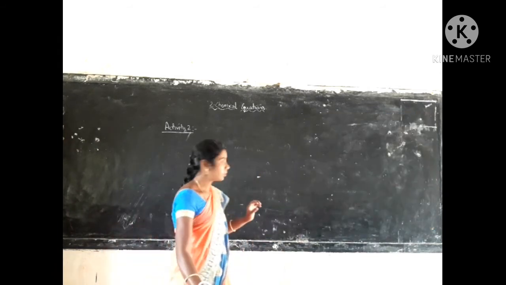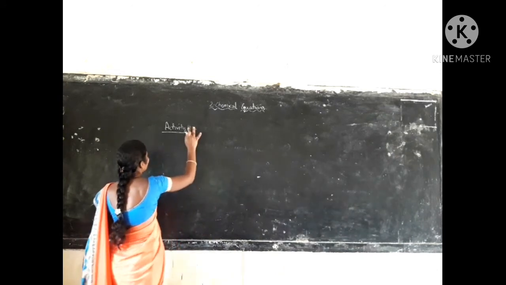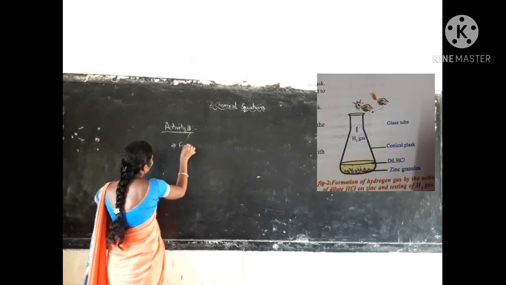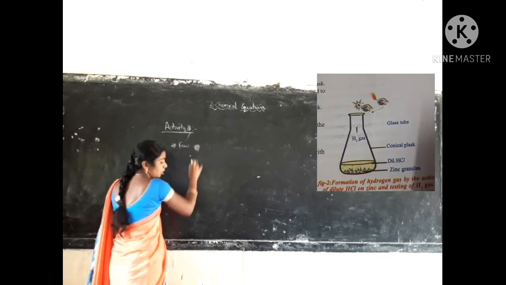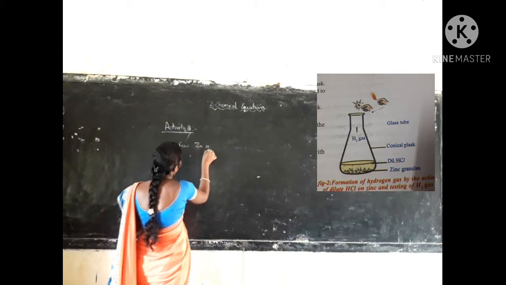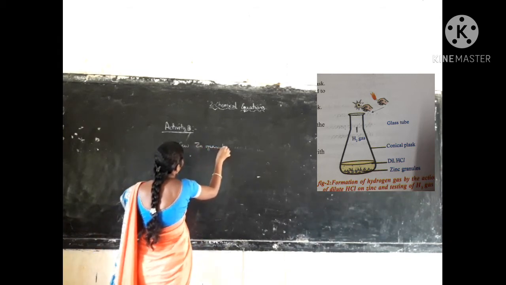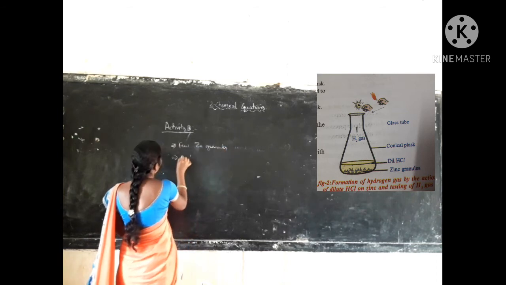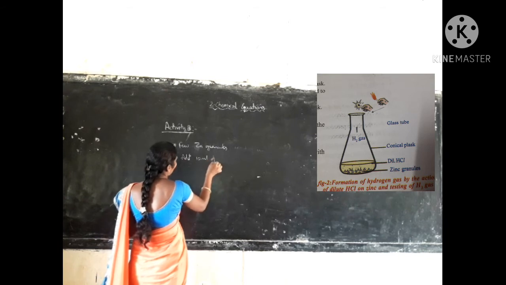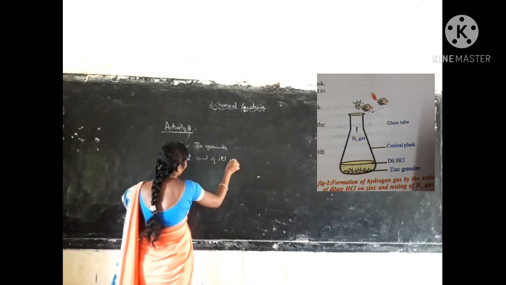So what is the third activity? They are taking a few pieces of zinc, a few zinc granules, and they have added 10 ml of HCl acid to these zinc granules.